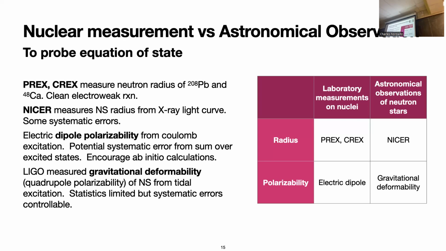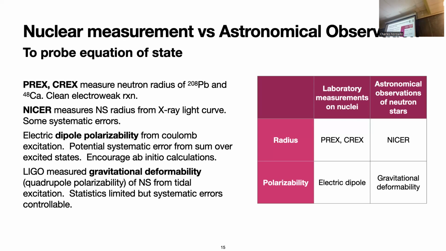If you scatter two neutron stars off of each other, then the gravitational field from one tidally excites the other. And that allows you to measure the quadrupole mass polarizability of a neutron star. And the gravitational wave community calls that the gravitational deformability.